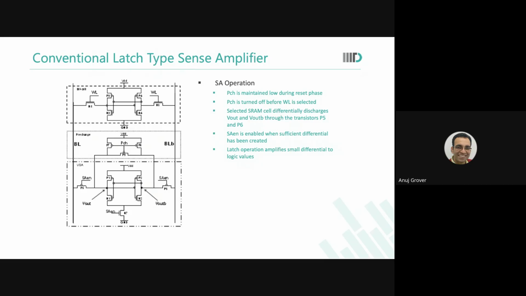As soon as SAEN goes to 1, what happens? First thing that happens is bit lines are now decoupled. Now the sense amplifier is on its own. Think of it as if you launch a rocket, and you have released the satellite near its orbit. Now your rocket has no control over the satellite.